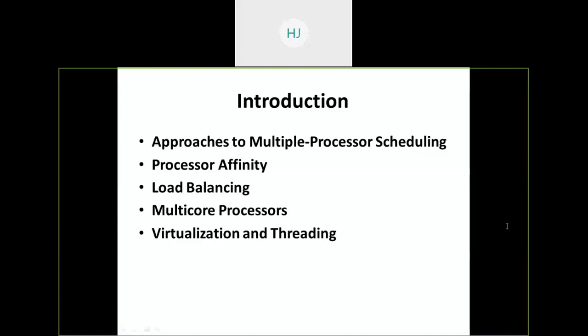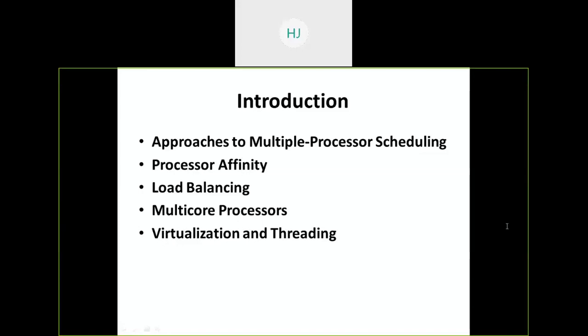Next is multi-core processors. Multi-core processors are mostly used in multiprocessor systems, or multiple processors. In multi-core processors, cores are placed on the same physical chip.